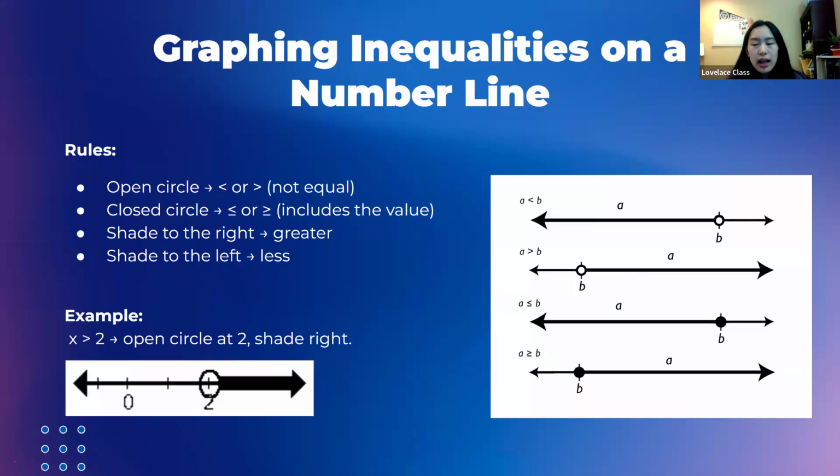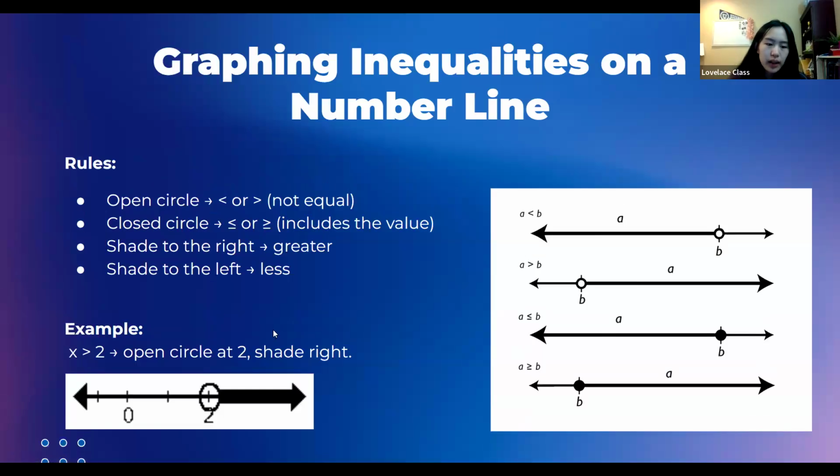But this is kind of just a fun thing to do, like graphing inequalities on a number line. I think they make it pretty easy to look at, but it's also kind of important to learn how to read graphs. So in this case, you see open circles and closed circles, right?